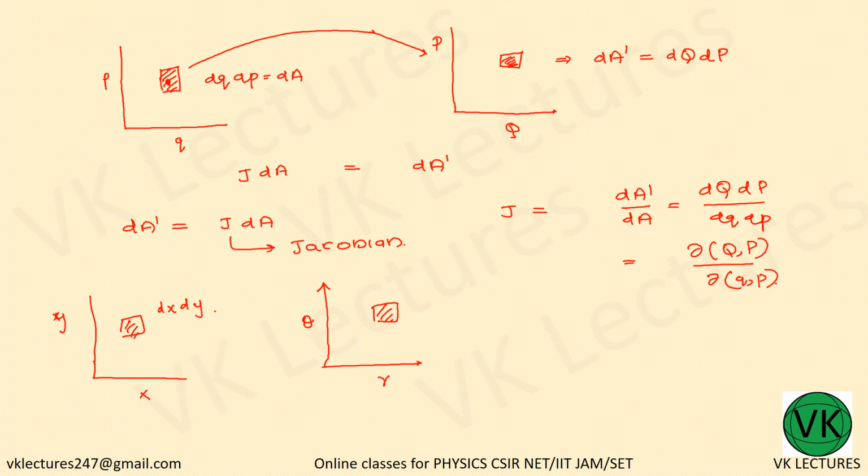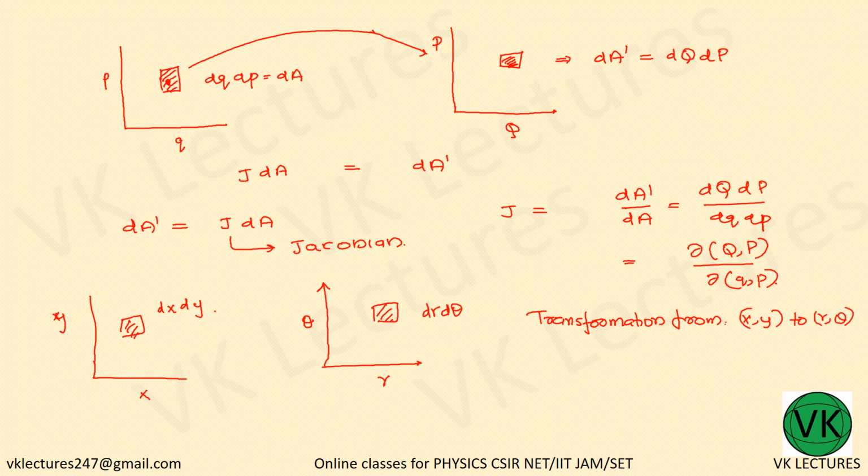This is dx dy, so we can write dr d theta, but we know that dx dy is not equal to dr d theta. So we have to assume that there is a transformation from x comma y to r comma theta.